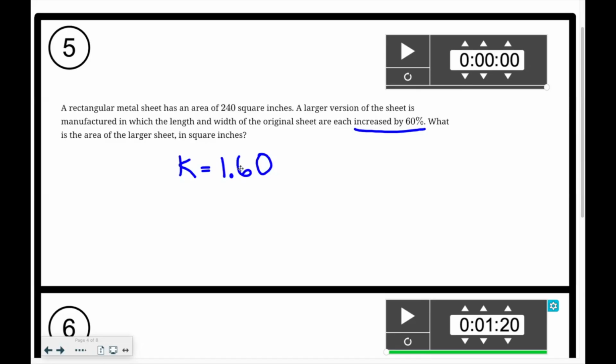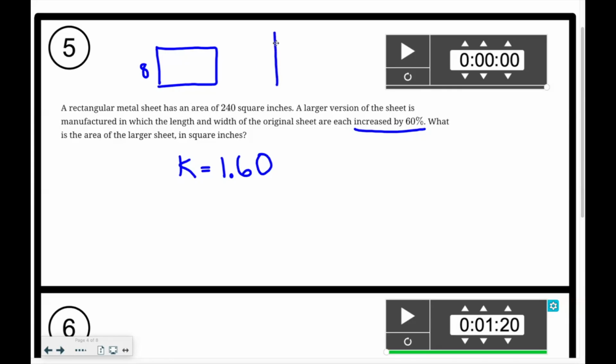Now, if you understand that, a question. Yeah, go ahead. But I thought that with the scale factor that you square it when it's area. Oh, we will. We just haven't gotten there yet. But why do you have to change it into the 1.6? Because, if we think about an example, say we have this rectangular sheet, and just to make this up, let's say one side length was 8.